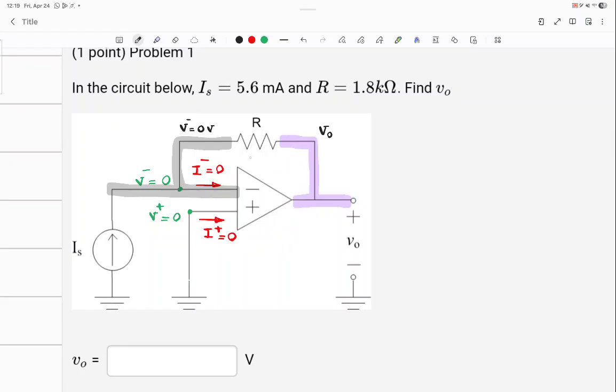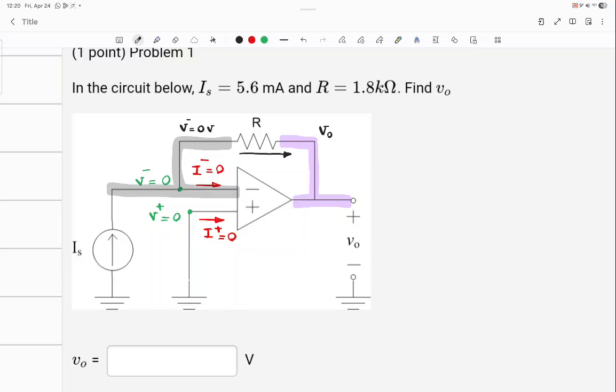One more question. What is the current passing through this R? Much easier than that.